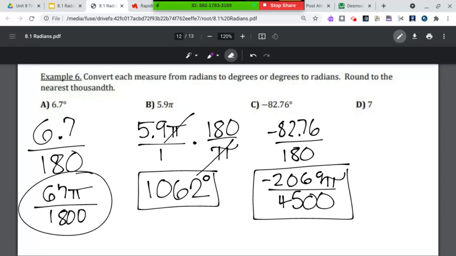Multiply by 180 over pi. It is a radian measure. So we put it over 1 and multiply by 180 over pi to get a degree measure, because this is radians. I was having a moment. Okay, so we multiply by 180 over pi because it's a radian measure, and we want to convert it to degrees.